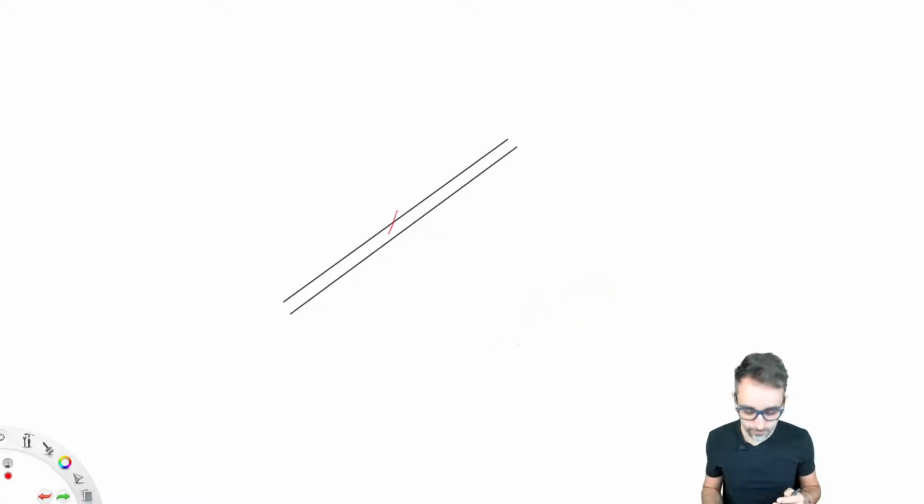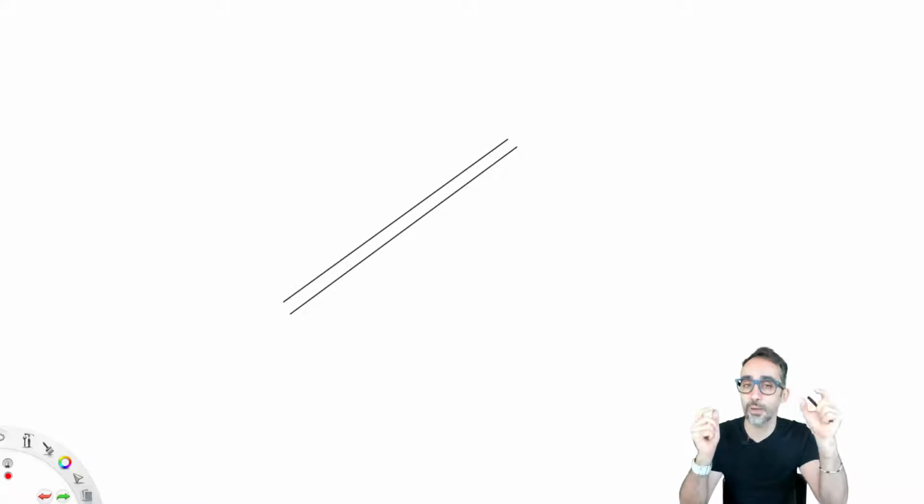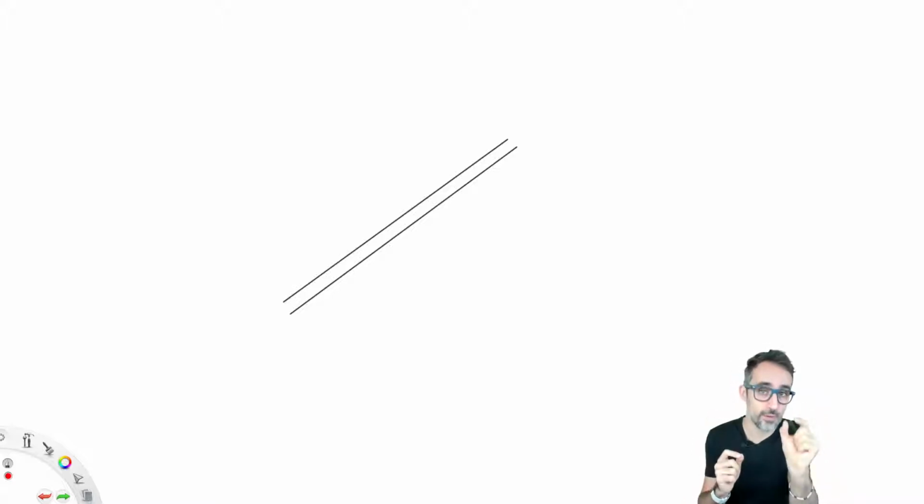We need to find a rule to remove these lines, and that's going to be that we compare their two endpoints, and if those endpoints are very close to each other, down to a tolerance value that we will specify, then we will remove those lines.